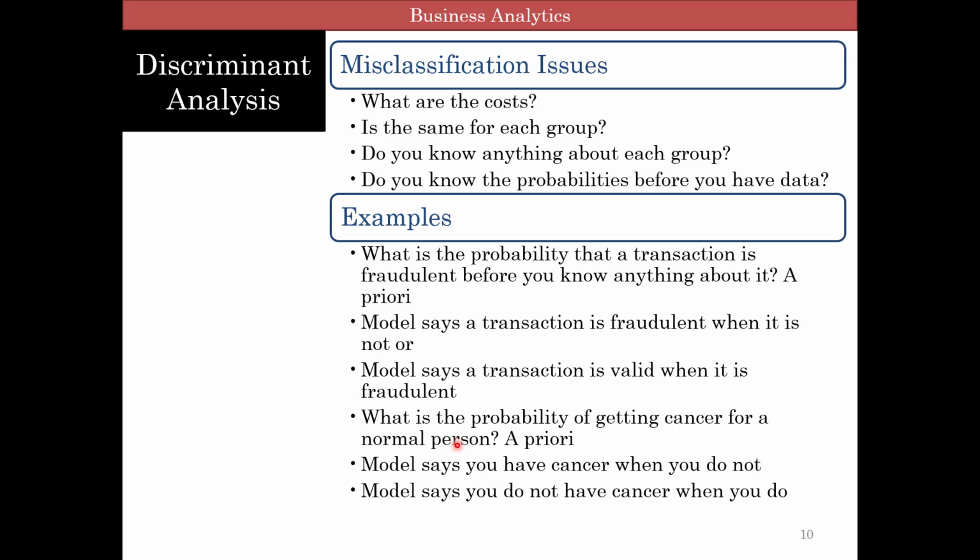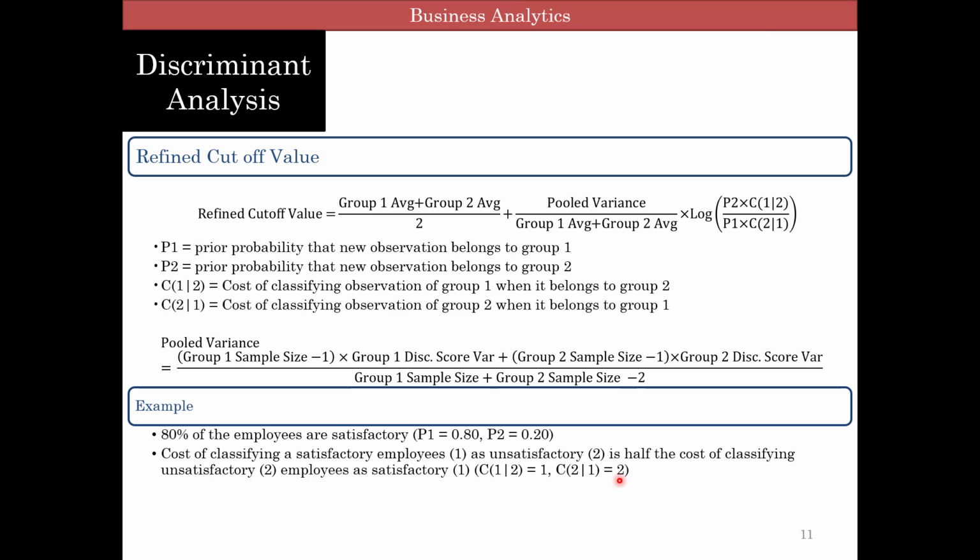So for example, in your company, you could say, I know 95% of my employees are satisfactory, whereas 5% are unsatisfactory, right? So this set of information, both the a priori probabilities and the cost of making the mistake, whether it's group 1 or group 2, need to be taken into account. Okay?